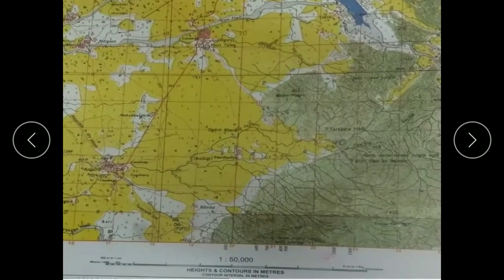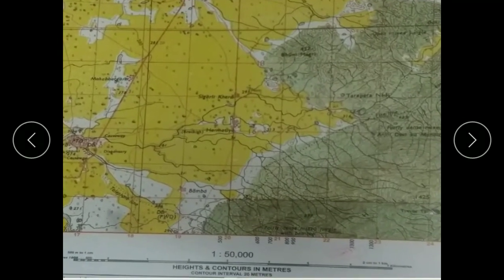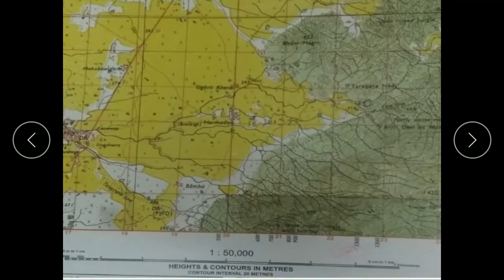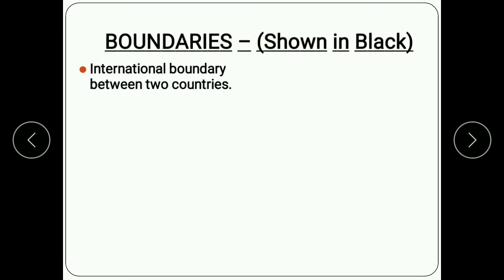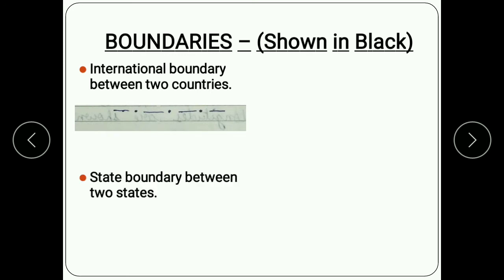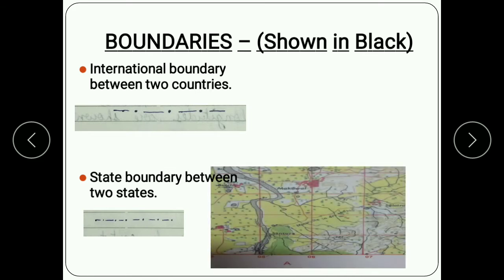We will first begin with the boundaries that are shown in black color. First of all, there is the international boundary between two countries, shown like this. Second, the state boundary between two states is marked this way. In this topographical map, one can clearly see that there is a state boundary present between two states.